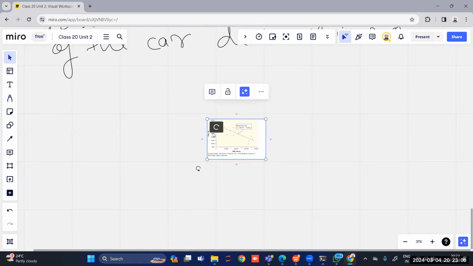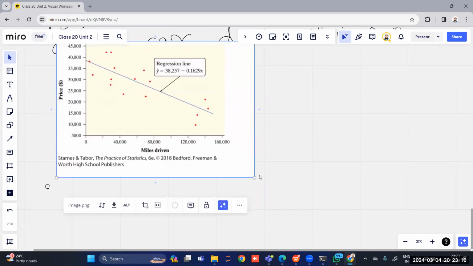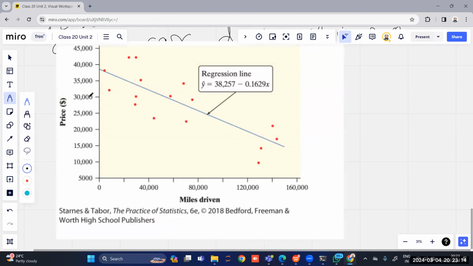Suppose I receive a customer who wants to sell me a car, or I want to buy from him. I see that he has driven near about 2 lakh miles.